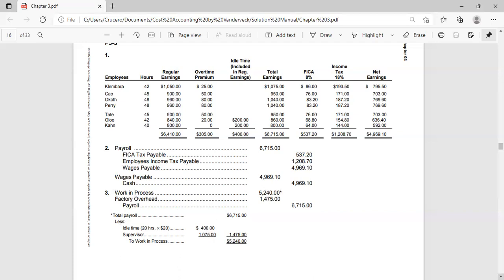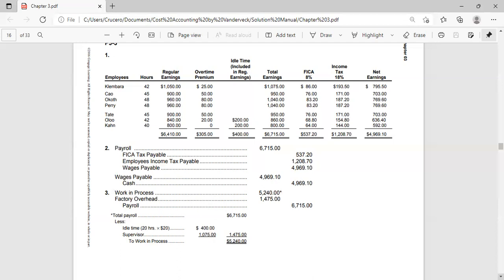So we now get the idle time for Ulo, 10 hours multiplied by 20, it means 200. And Khan's idle time times 20 is still 200. So the idle time is already included in regular earnings of 400. The hours not worked on bands are idle time and are not charged to the job.